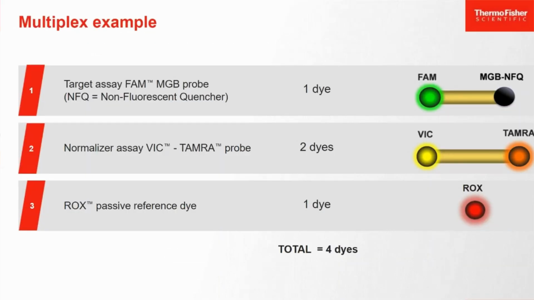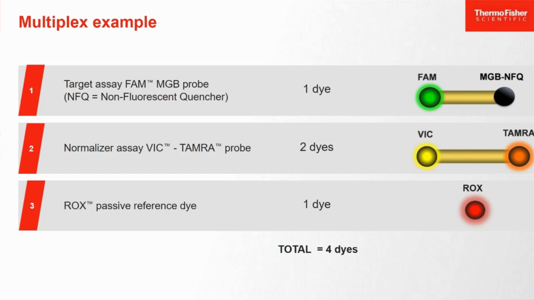So let's take an example to illustrate. Let's say that I want to do a duplex. So I've got my target assay labeled with FAM. The probe has a FAM reporter. And this particular probe is an MGB type of TaqMan probe. Now, MGB probes have a non-fluorescing quencher, NFQ, on the 3' end. So we don't have to count that quencher as a dye.